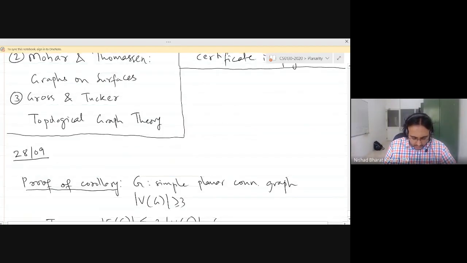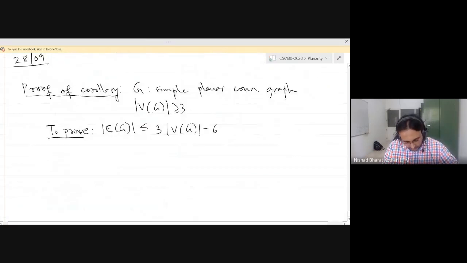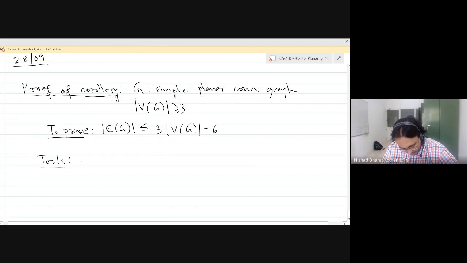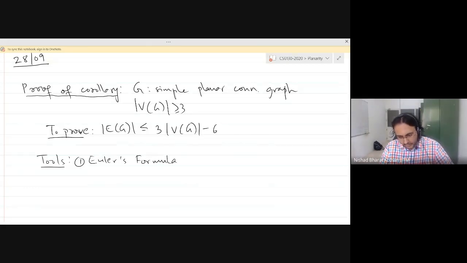So we are going to use Euler's formula. So what are the tools we have? The first one is Euler's formula. But remember, to use Euler's formula, we should fix a planar embedding, right? Because we are talking about the number of faces. I mean, actually, we don't need to fix a planar embedding.